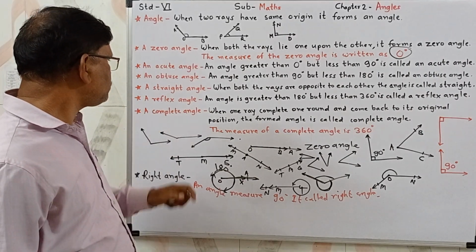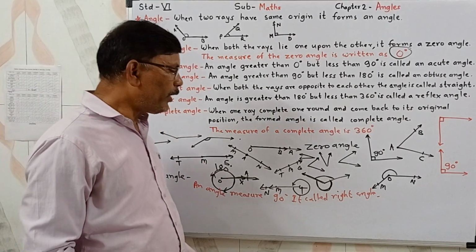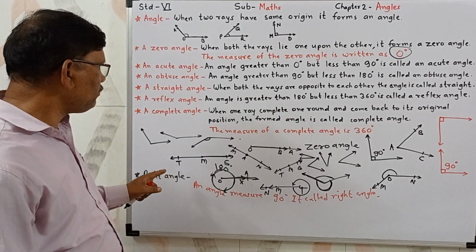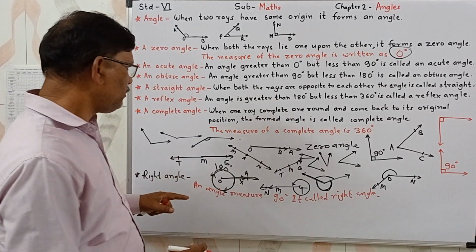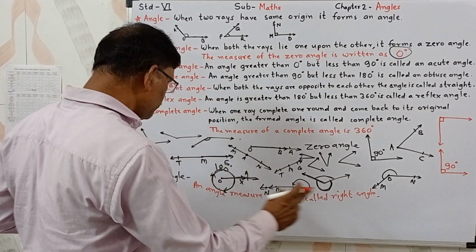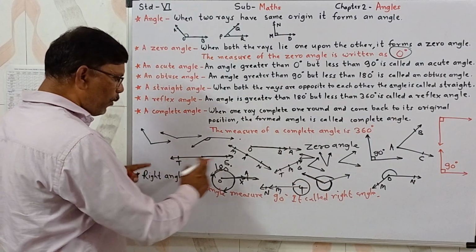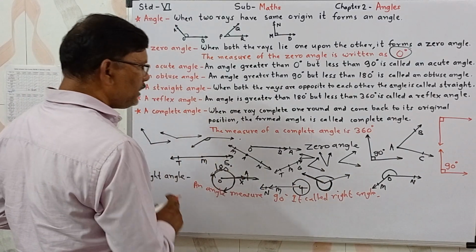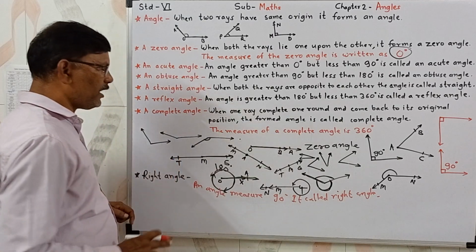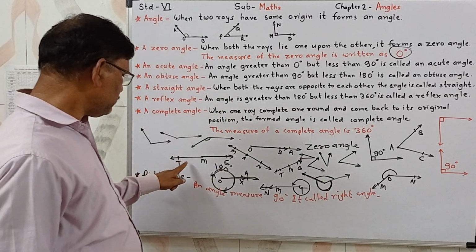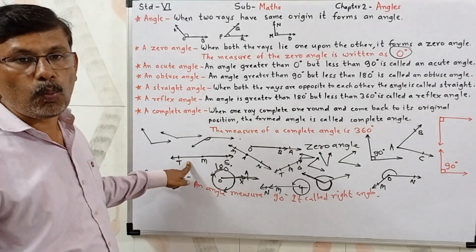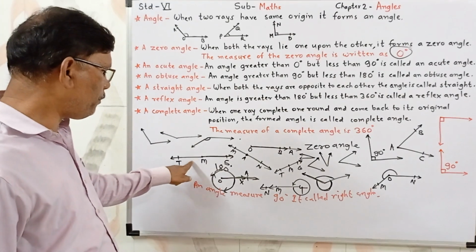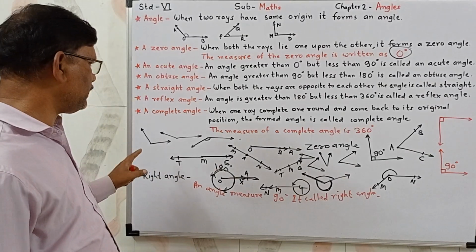Then a straight angle. When both the rays are opposite to each other, it is called a straight angle. The measure of a straight angle is 180 degrees.